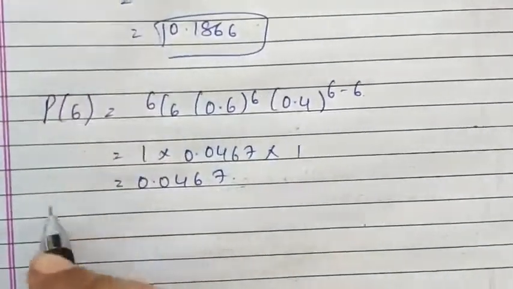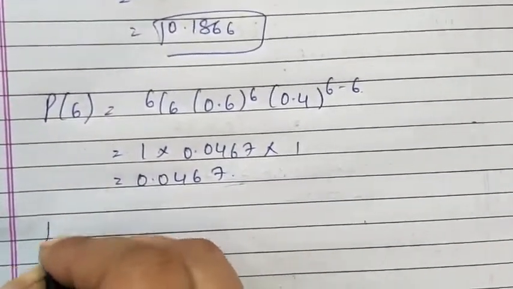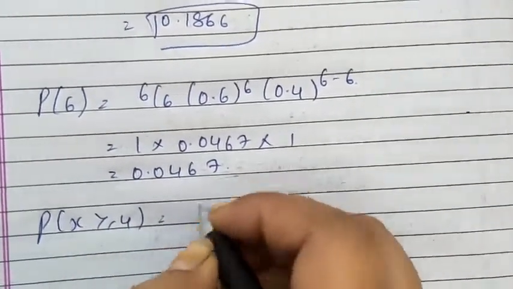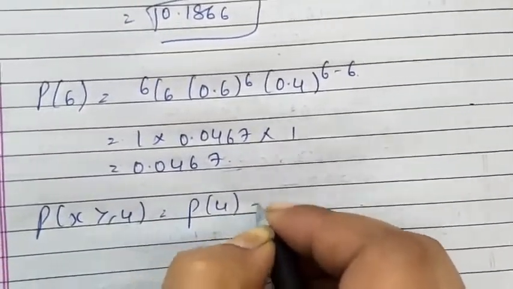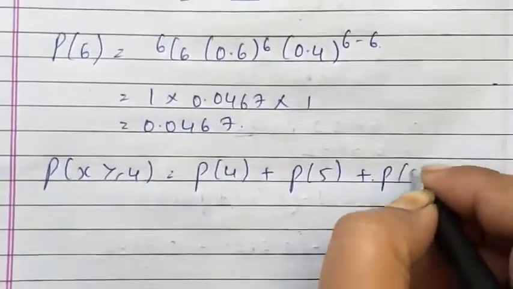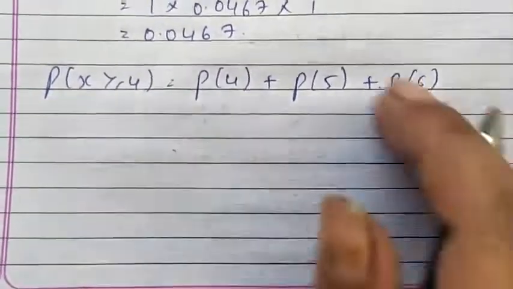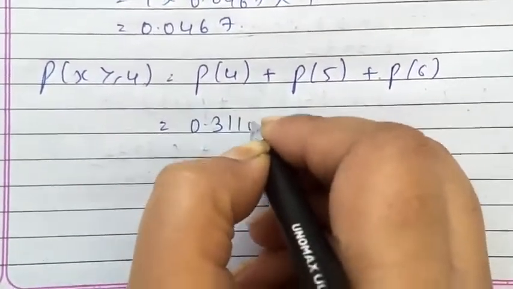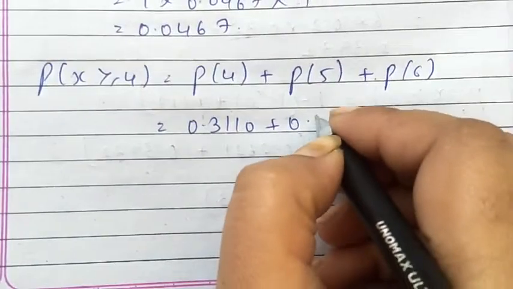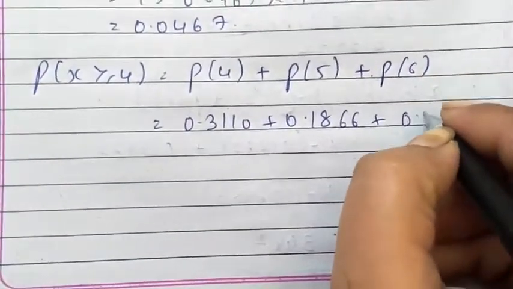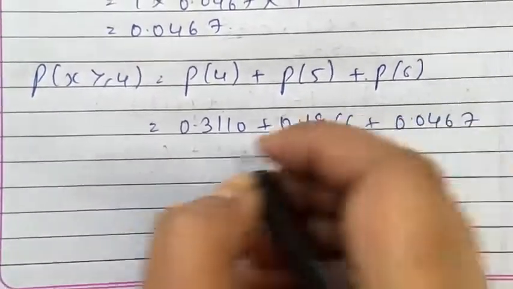Now what we will do is add all these values. So we will find P(x greater than or equal to 4), that is P(4) plus P(5) plus P(6). Now we will place the values. The value of P(4) is 0.3110 plus the value of P(5) 0.1866 plus the value of P(6) 0.0467.